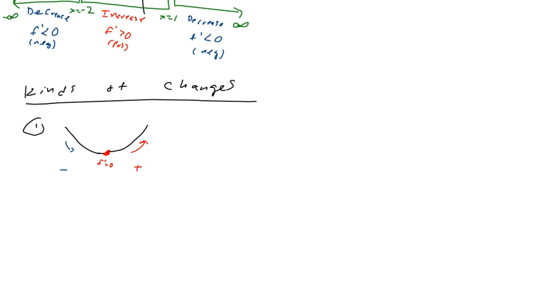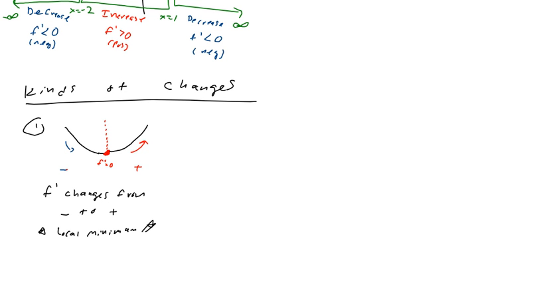F prime changes from negative to positive, right? So that situation, if you have this transition between your critical values, at this critical value you have this edge here at some value, and before that value you have a negative derivative, after that you have a positive derivative. F prime changes from negative to positive. If that's the case, this means you have a local minimum. You have a minimum, right?